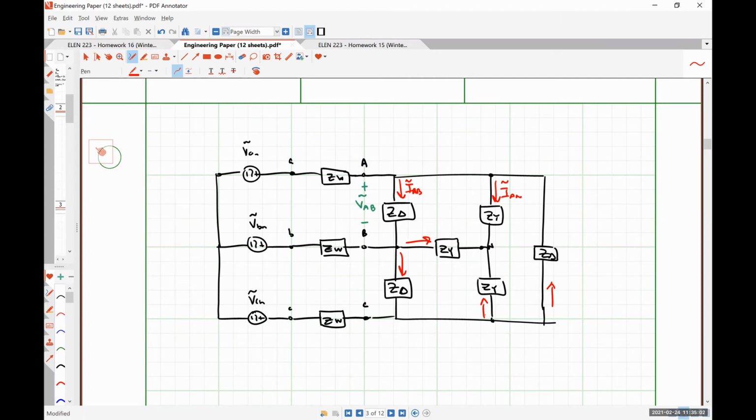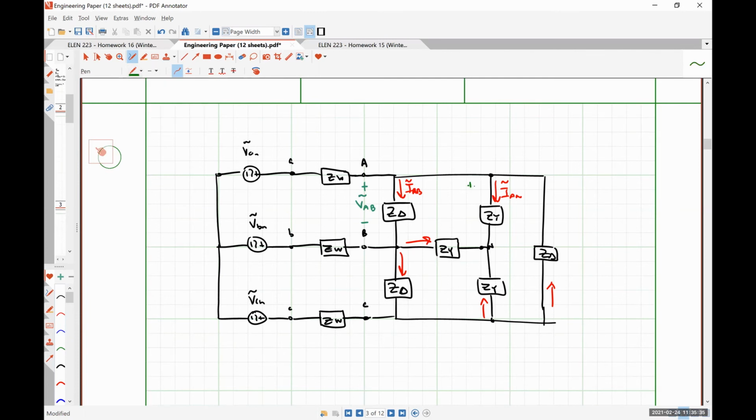Yeah. So for the Y connected load, the neutral needs to be the point where all of the loads interconnect, because that's what it means to be a Y connected load: you have that one point of interconnection considered to be the neutral. And then there would also be a phase voltage V_AN, V_BN, V_CN, where the positive polarity terminal is on the transmission line terminal and the negative polarity terminal is on the neutral.